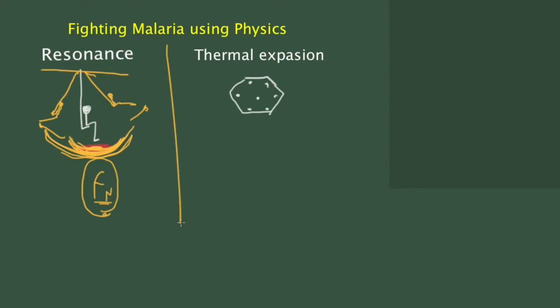Now, about thermal expansion. Imagine you have a system at an initial temperature. This temperature is not absolute zero. It's not 0 Kelvin. So you have some thermal energy. Therefore, the atoms or the molecules inside your object are vibrating.